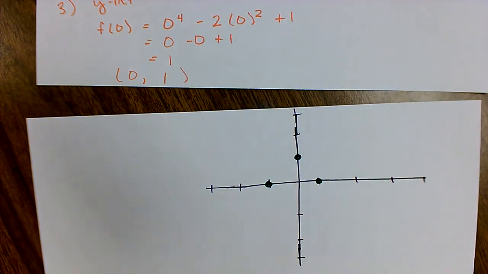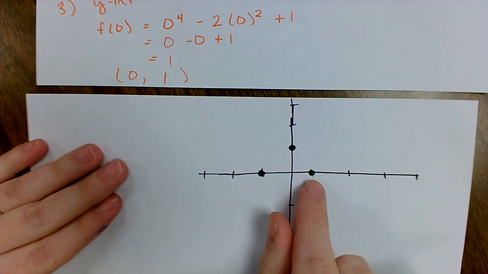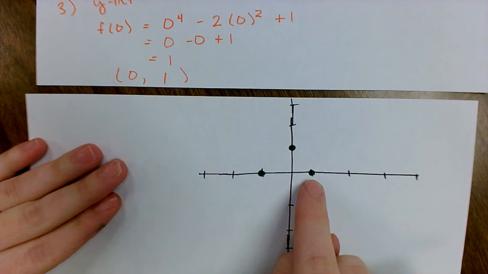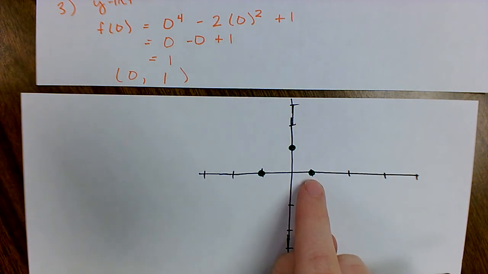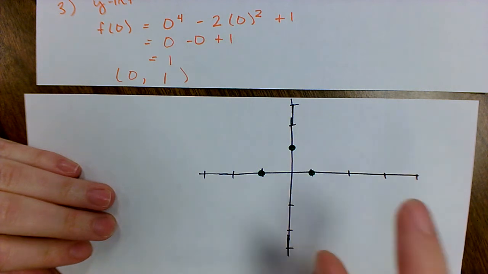Once I have my points on there, let's go to something else that's also pretty solid, and that's my end behavior. Looking at this right x-intercept over here, this is the last point where my graph touches or crosses the x-axis. So from here on out, it's got to go one direction.